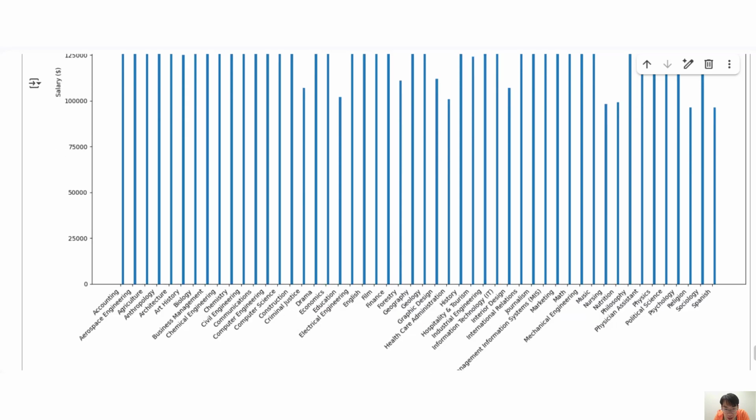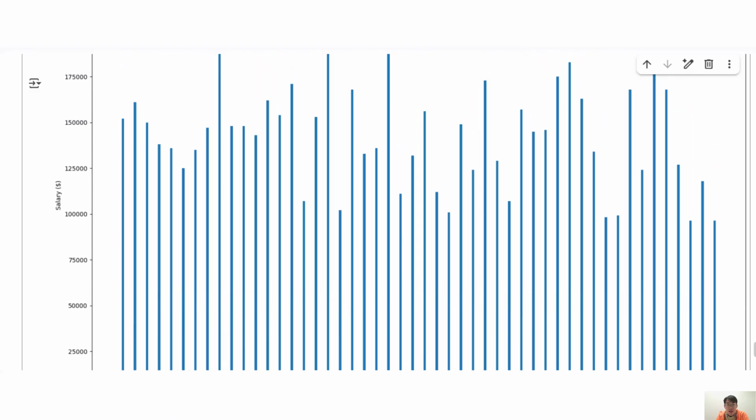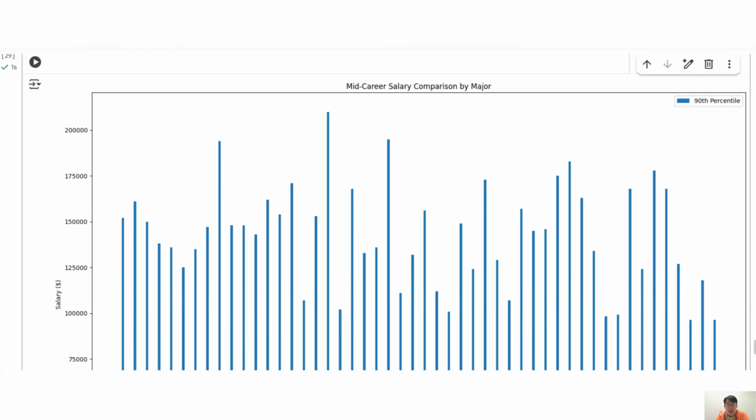It should be economics. Yeah, that's what we just saw. Economics has the highest 90th percentile salary. It means that people who graduate from this major are going to earn a lot of money, and even among people in the same industry, there's a huge gap between their incomes.